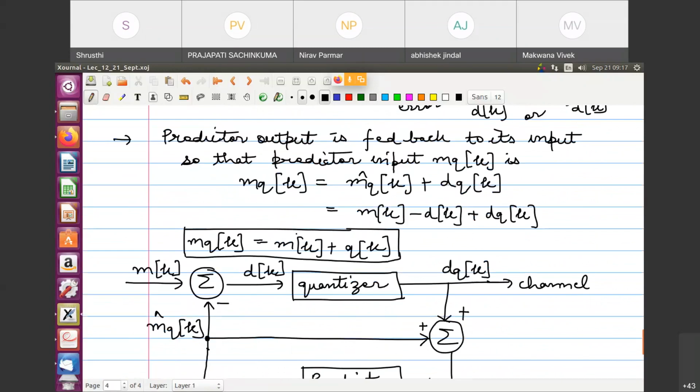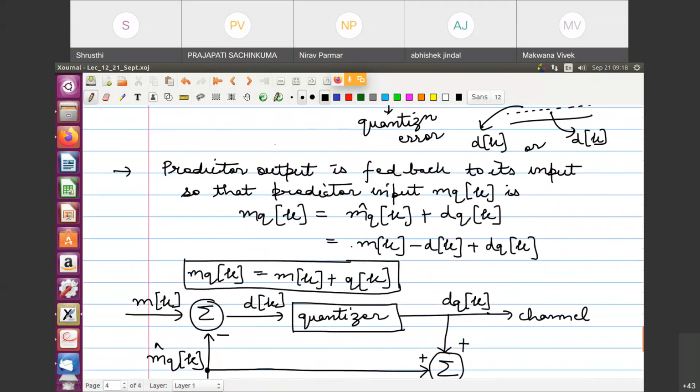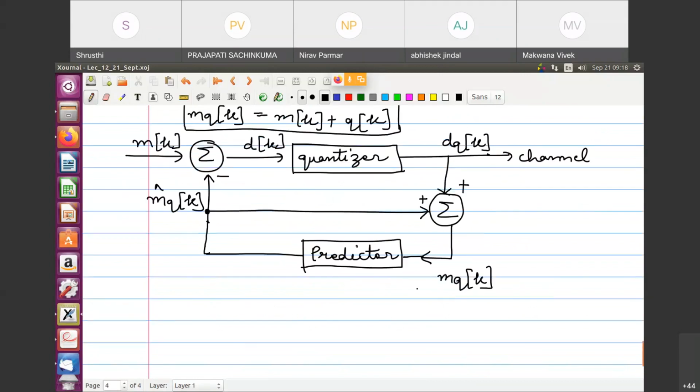This is the addition of M of k to Q of k, and Q of k being a quantization noise, so I just denote this as MQK. Okay? It is not that this is the sample that comes from quantizing MK, no. This is the sample in which, into MK, we added the quantization noise of D. So this you will realize if you work out this on your own.